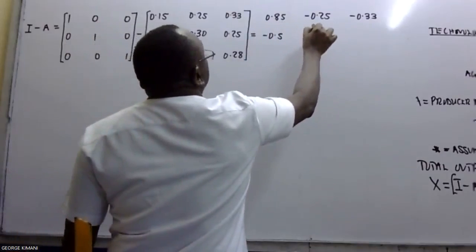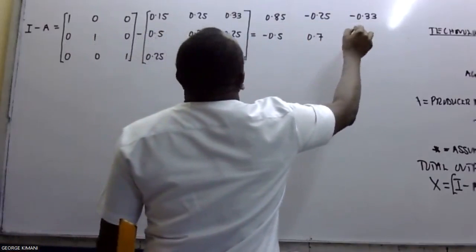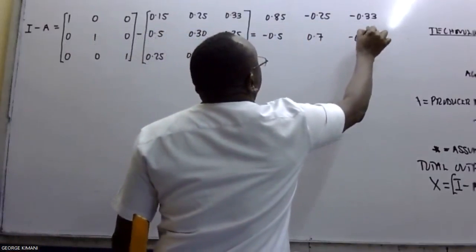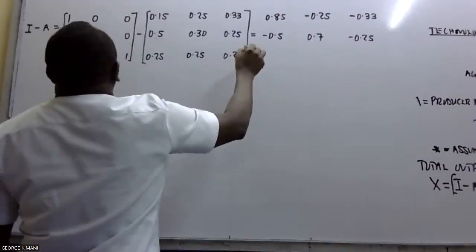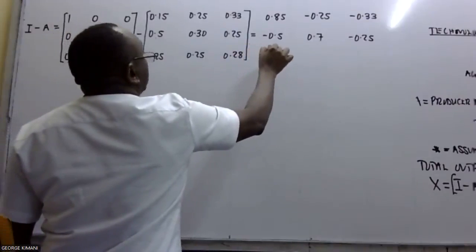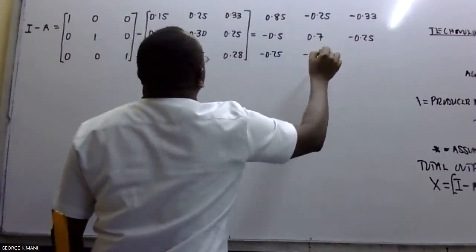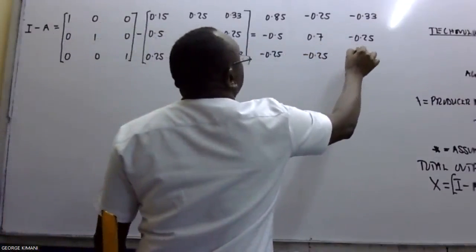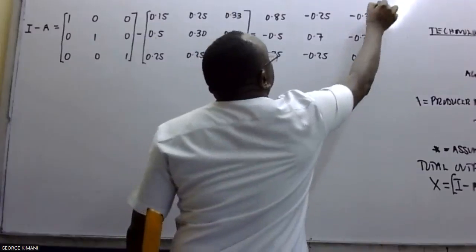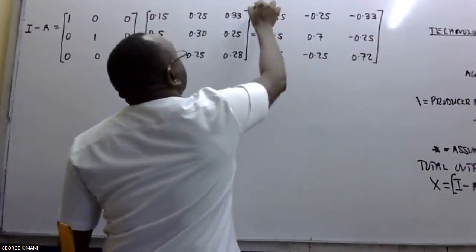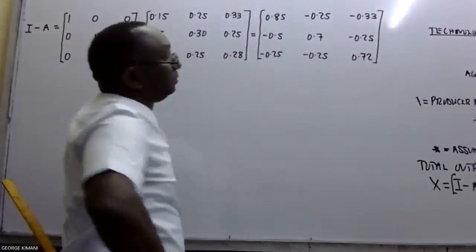This will be 0.7. This will be minus 0.25. Huyu mwingine atakuwa minus 0.25, minus 0.25, and 0.72. So that is I minus A.